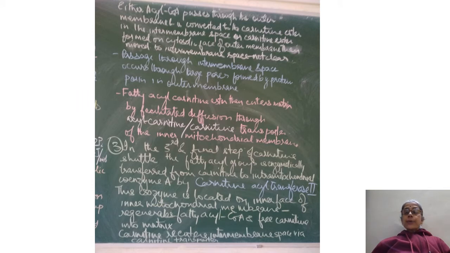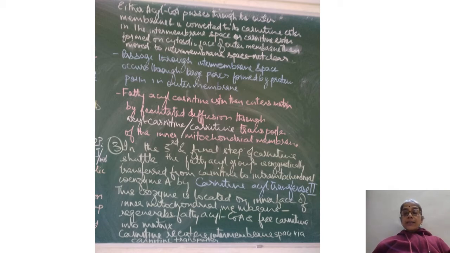Either acyl-CoA passes through the outer membrane and then it is converted into carnitine ester in the intermembrane space, or carnitine ester is formed on the cytosolic phase of outer membrane, and acyl carnitine then enters through the outer membrane into intermembrane space. It is not clear by present evidences.